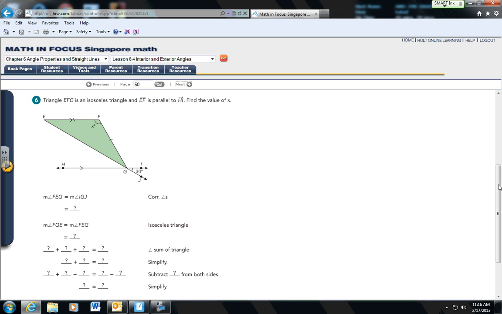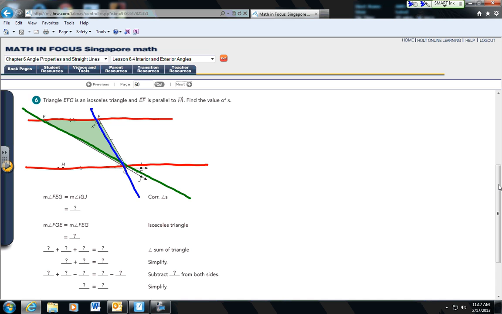All right, let's look at another problem here. Triangle EFG is isosceles. EF is parallel to HI. Find the value of X. So it's letting us know that EF is parallel to HI, and then that would make this line here a transversal, and it would make this line here also a transversal.